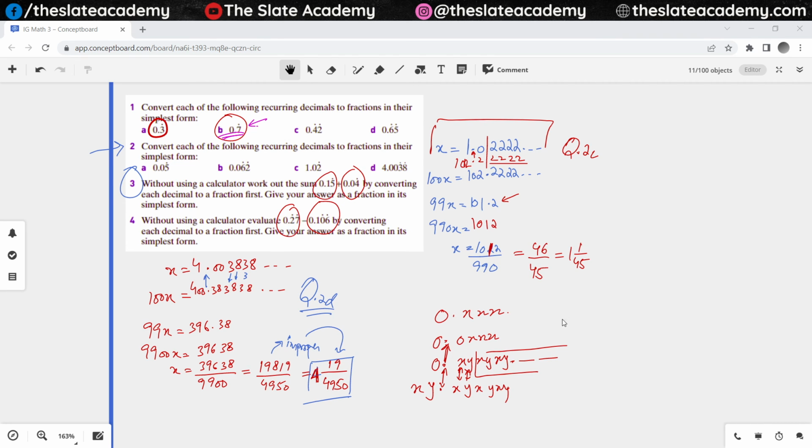And everybody, please send me pictures of your answers for question number 3 and 4. Ms. Noor, as soon as you have completed question number 3, send me a picture of your answer, and then for question number 4 as well, please.